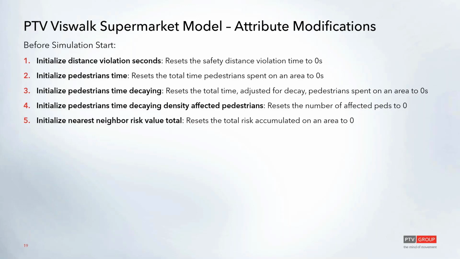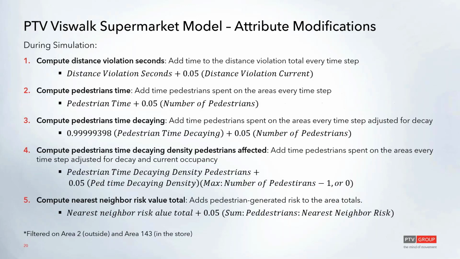So you can either manually do that, go through all of the areas in the network and just reset their values, or you can quickly create an attribute modification, which is again just like a for loop. And you can say for all areas in the network, reset the total time pedestrians spent on the area to 0 kind of thing. And so that's a real quick way to initialize your simulation. And so we'll have 5 of those that do that.